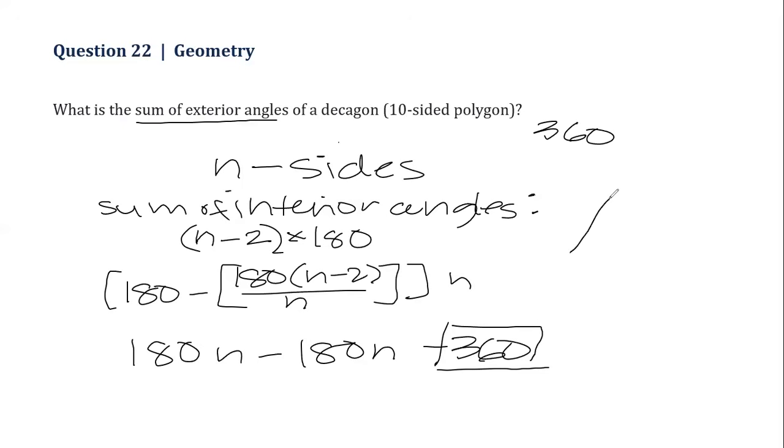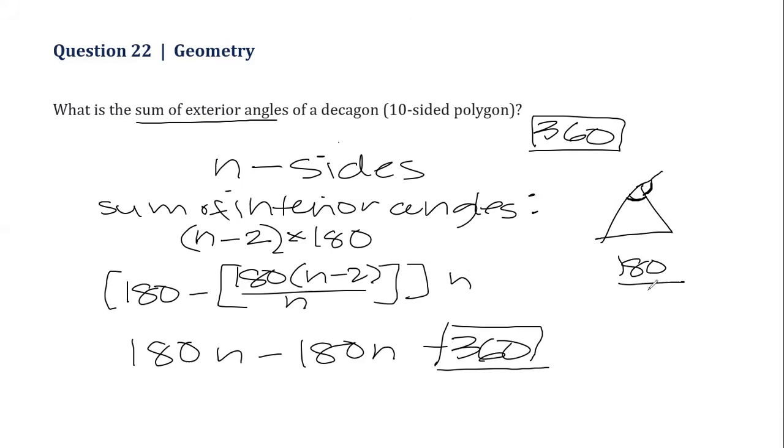So the answer is 360. I think I explained that badly, so I'm going to explain it again. Let's say I have a triangle. This is the interior angle and this is the exterior angle. The sum of interior angles for a triangle is 180 degrees.